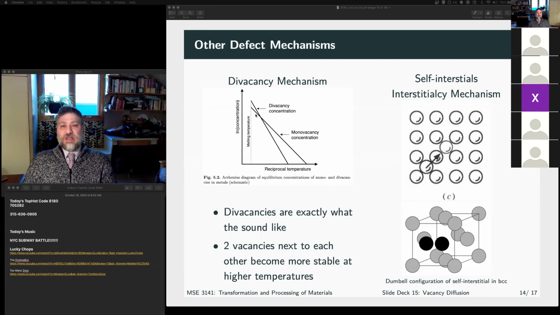Now you can imagine that this then becomes quite complicated, right? Because if there's an energy gain to keeping the divacancy, essentially it means that there's a penalty that comes into play. We don't want two atoms hopping into both empty vacancy slots at the same time, because then they pull apart, right?